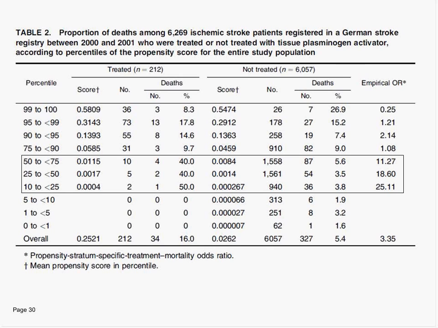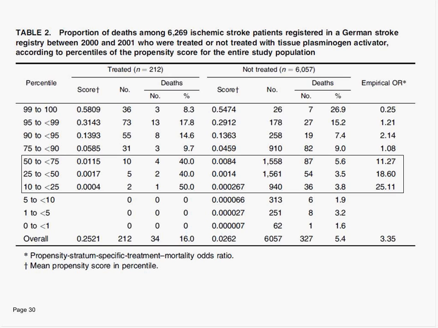For people with a little bit less clear indication, it's sort of beneficial or harmful. You see the 1.2, 2.14, 1.08. But when you give TPA to people to whom it's perhaps not most clearly indicated, you see large odds ratios.